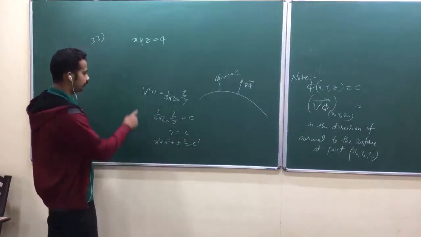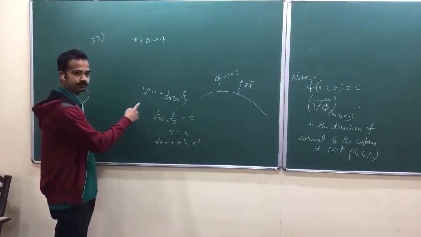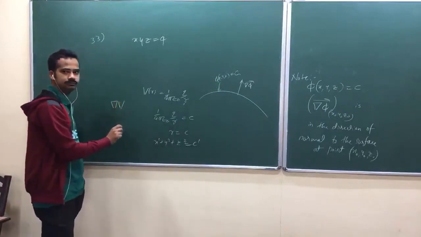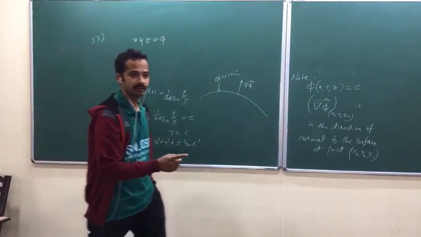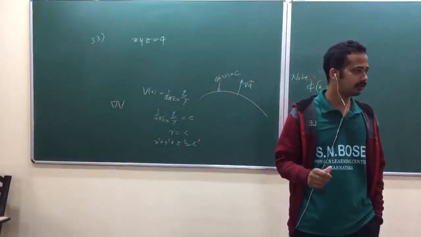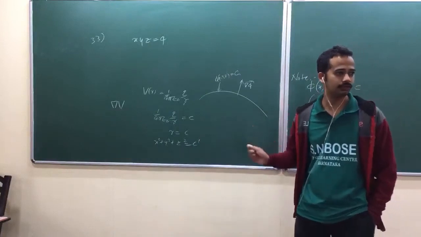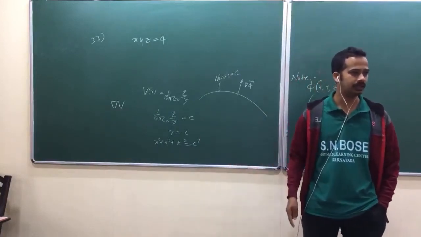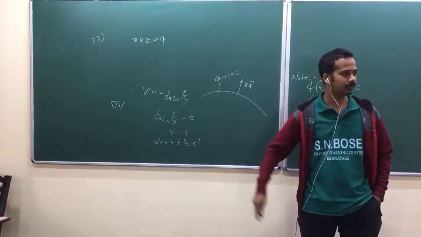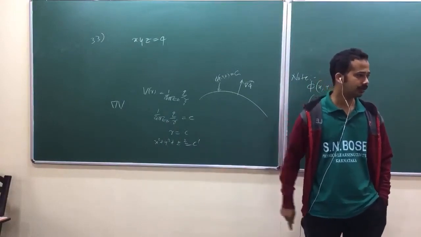Now look here, if you take the gradient of this one, what would you get? You'll get the electric field. The electric field is perpendicular to the surface, radially outward. That was needed in our theory, but in Griffiths he hasn't taken it in that direction, or maybe in an outside problem he might have given this.